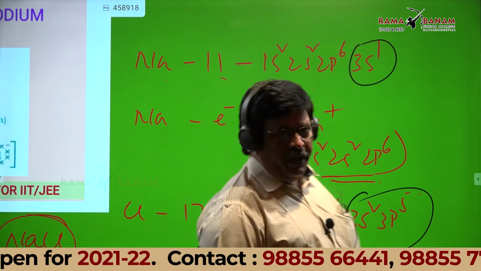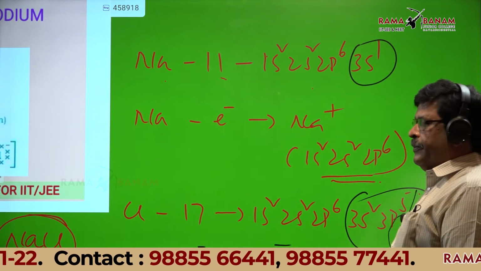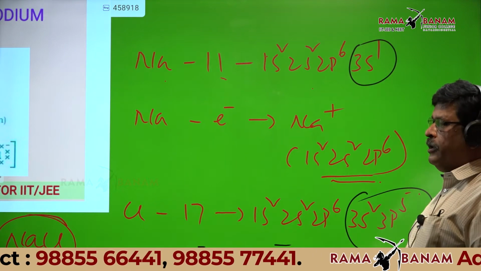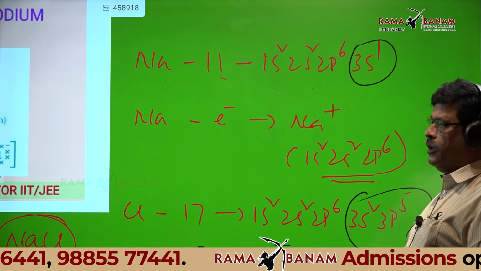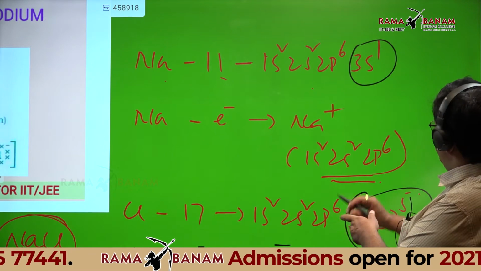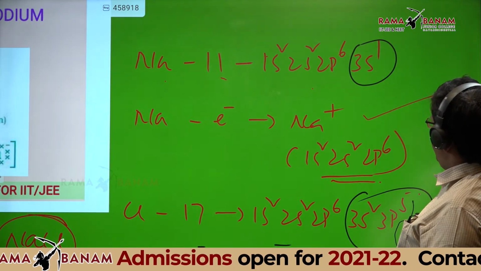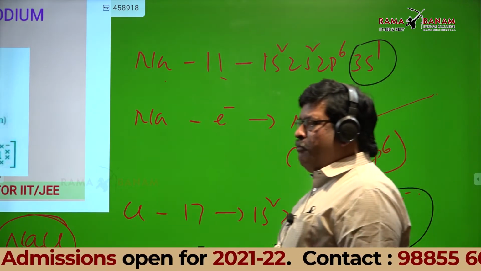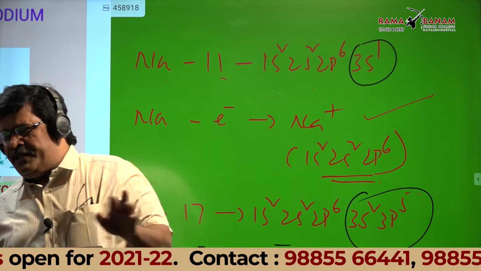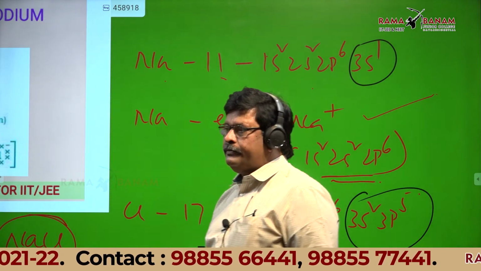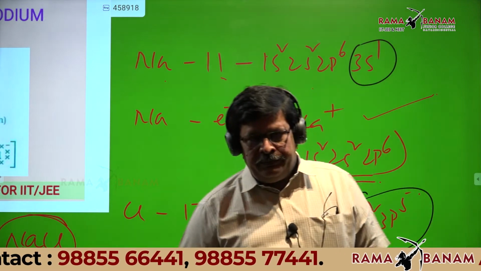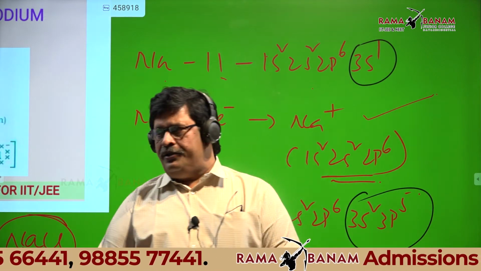To attain octet configuration, it loses 1 electron and forms sodium ion, that is Na plus ion. Write this equation, yeah. Write the second equation: sodium minus electron gives Na plus. Can I continue?